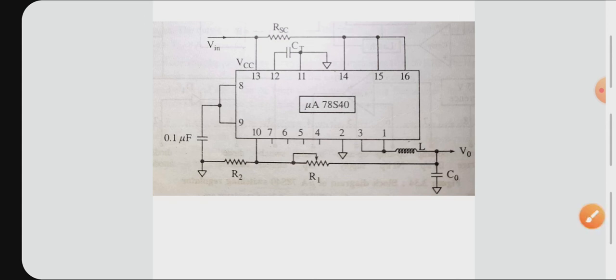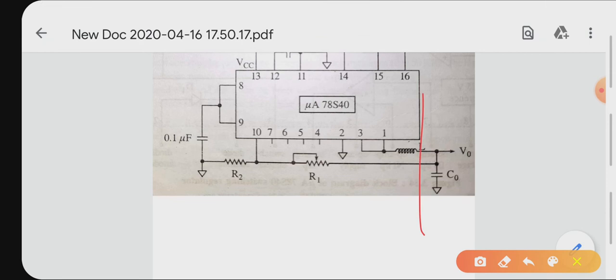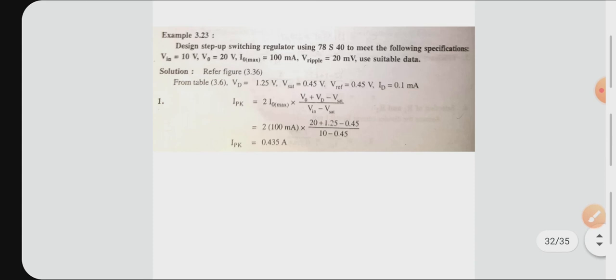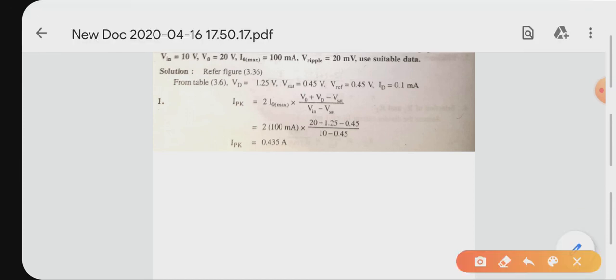Okay, now we can solve the problem based on step up switching regulator. Design a step up switching regulator using 78S40 to meet the following specifications. So you have to refer that table of formulas for step up regulator now, and just one by one calculate the values.